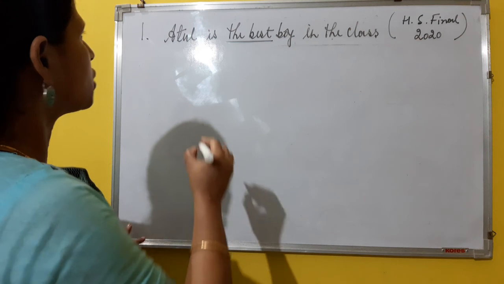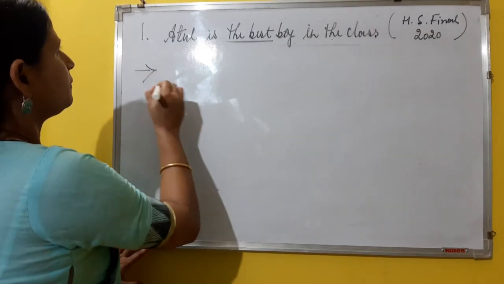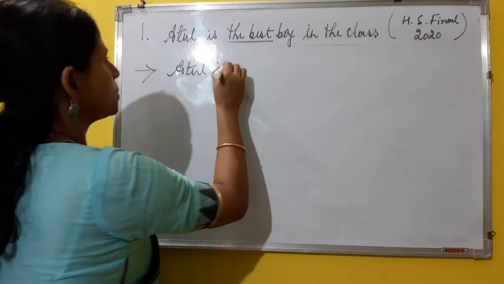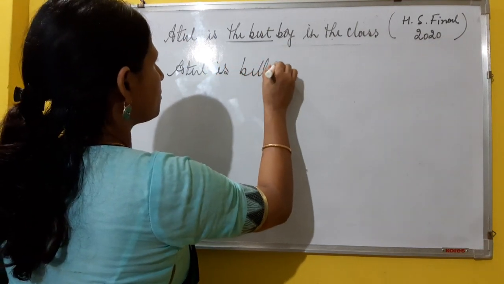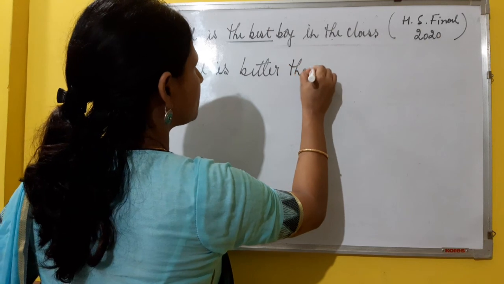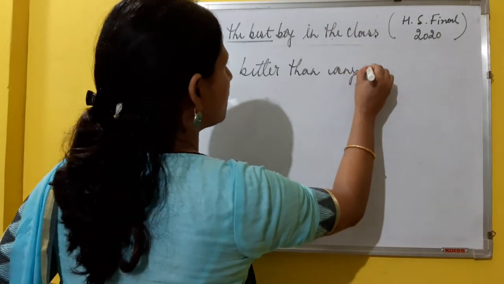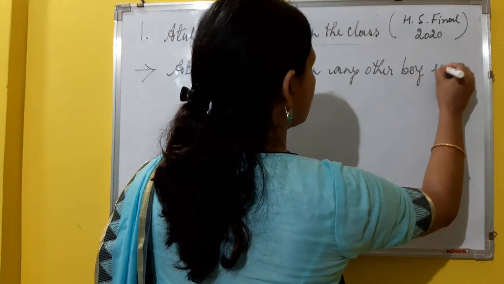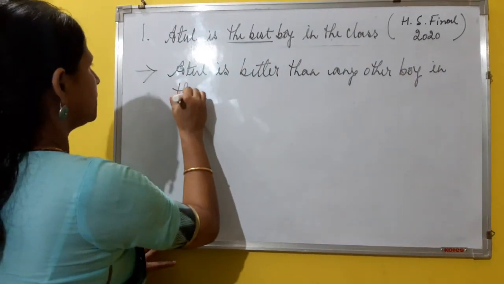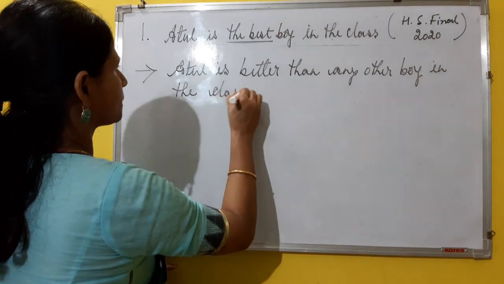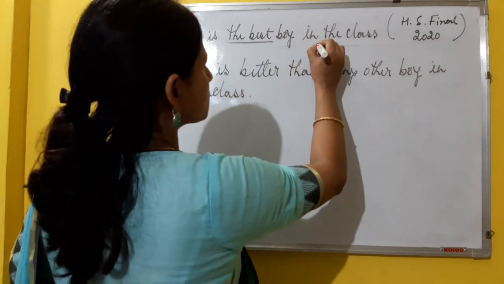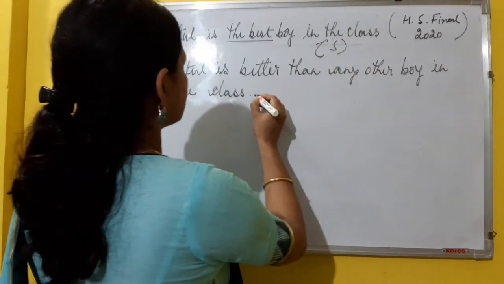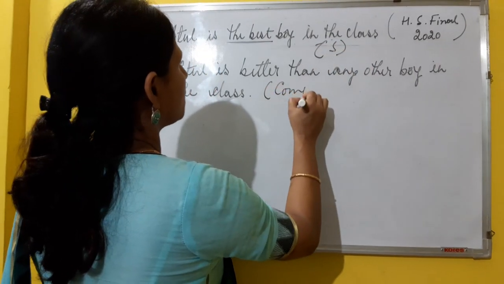And if we change it to comparative, our answer will be, Atul is better than any other boy in the class. So this was originally in superlative degree form, and now we have made it comparative.